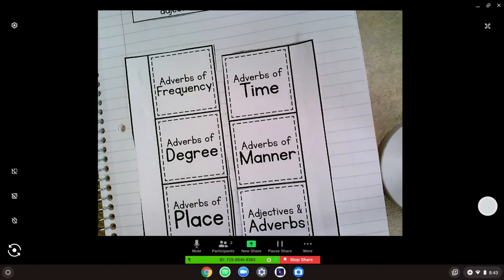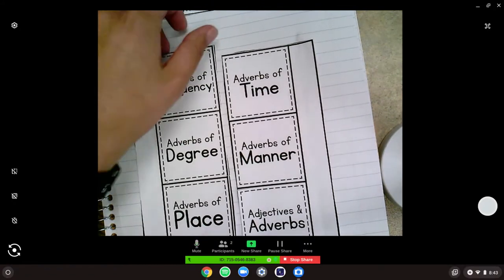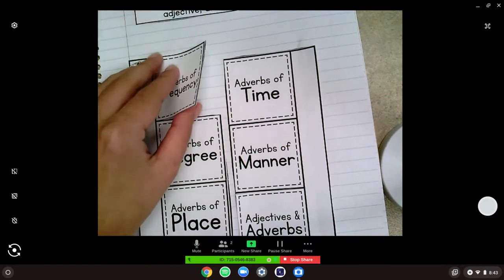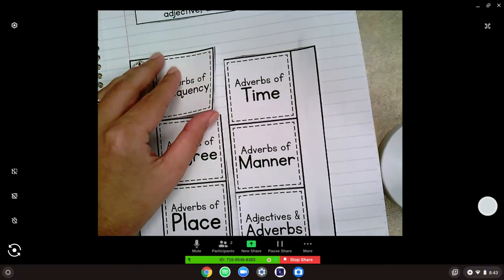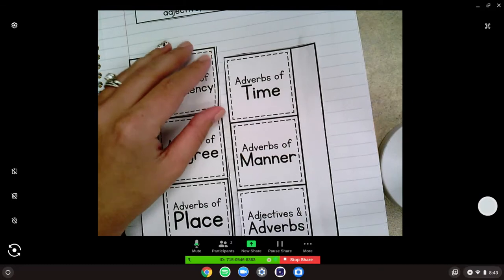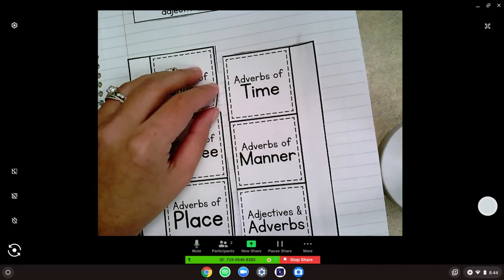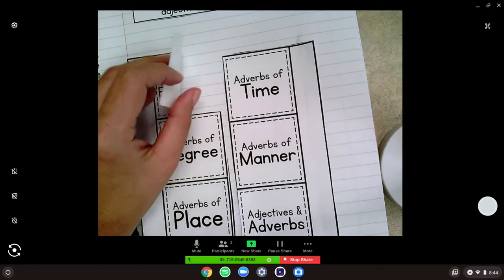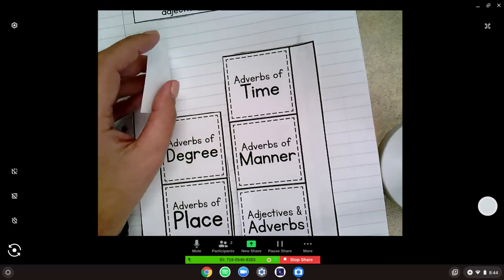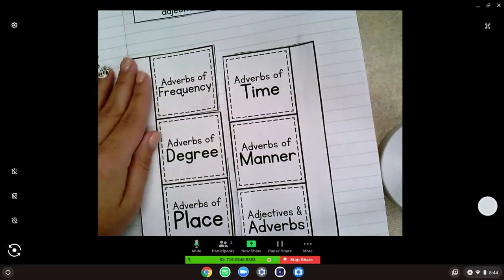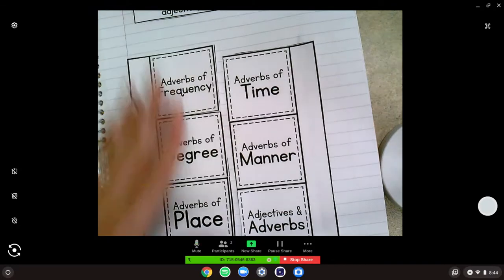Kateri? But what are we doing underneath each flap? Did you see, Nathan? Write examples of each type of adverb. Then we're going to create sample sentences of adverbs that modify adjectives or other adverbs, okay?